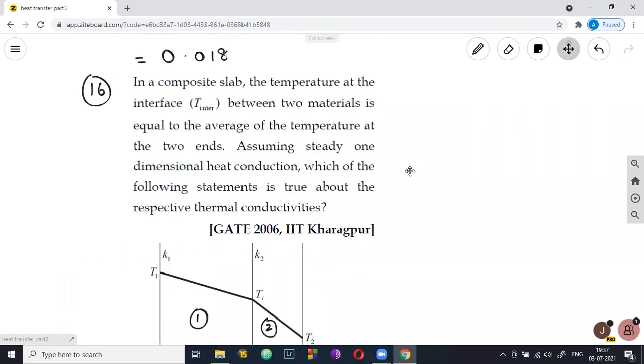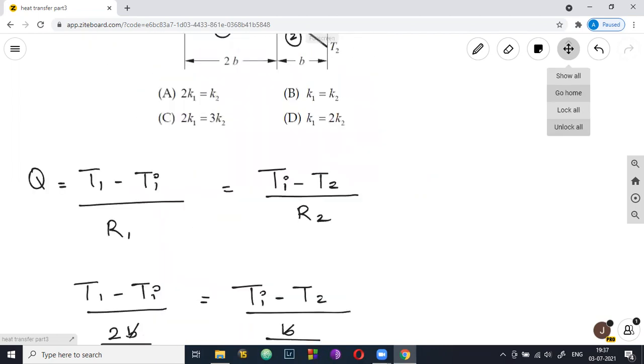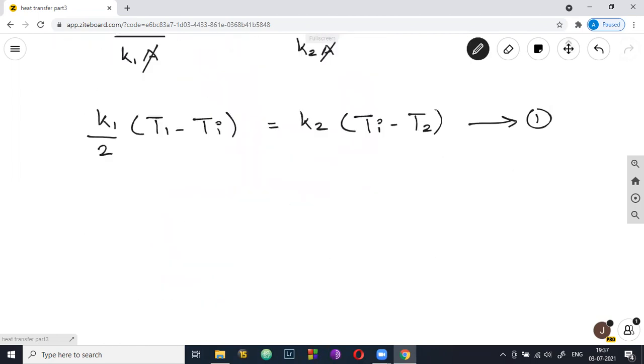In the composite slab, the temperature at the interface between the two materials is equal to the average of the temperatures at the ends. That means Ti, the interface temperature, is the average of T1 and T2. This is how we take the average.